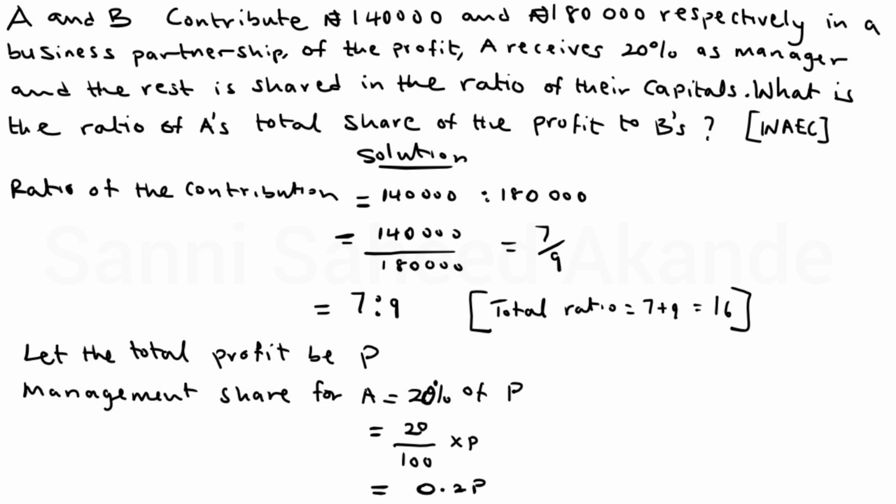Now we want to find the remaining profit. The remaining profit will be equal to 80%. You know that A has collected 20% as his managerial services share.